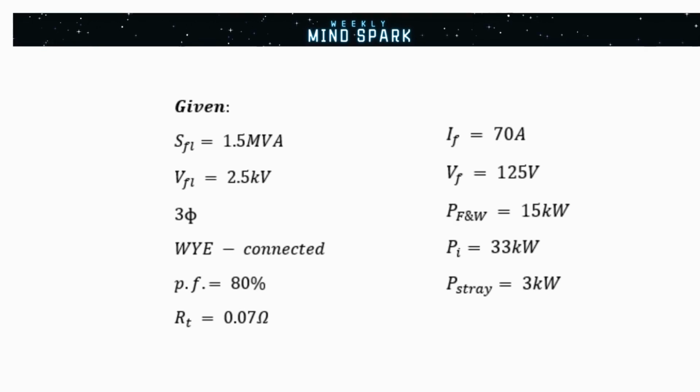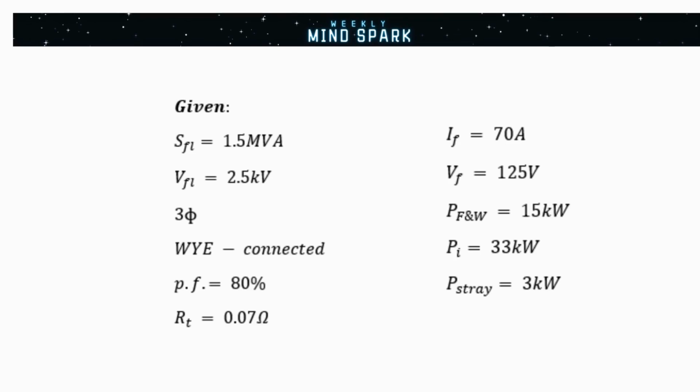Also, it specifies a DC armature winding resistance between terminals of 0.07 ohms, which we must adjust to find the effective resistance by factoring in 120% of this value. The field current is 70 amperes at a voltage of 125 volts, powered by an exciter equipment.